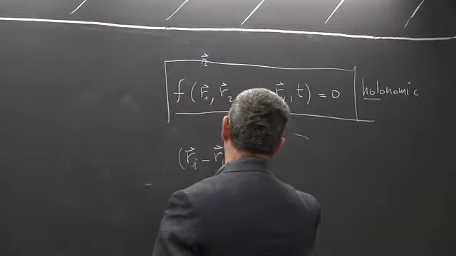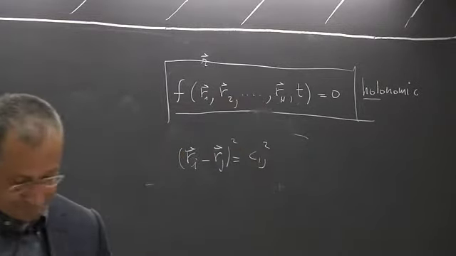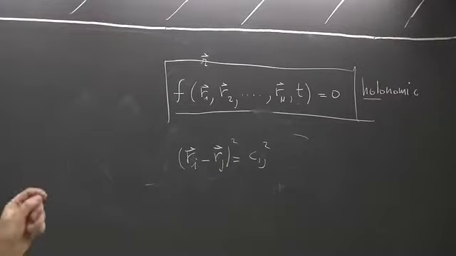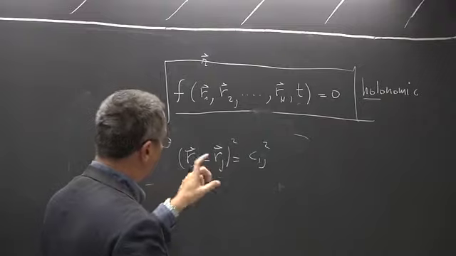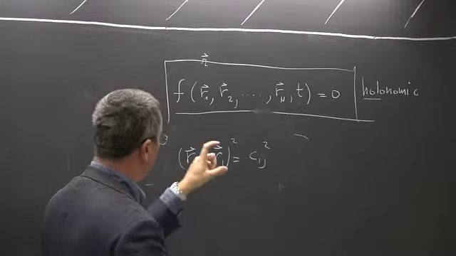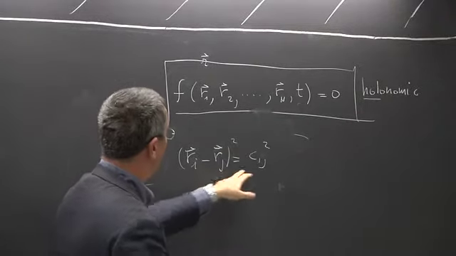Maybe I should take a square. That's why the rigid body has only 6 degrees of freedom. It doesn't have 3 times the Avogadro number, because all those atoms are somehow fixed. The distances between 2 of them, just to remain in the rigid body, are fixed.